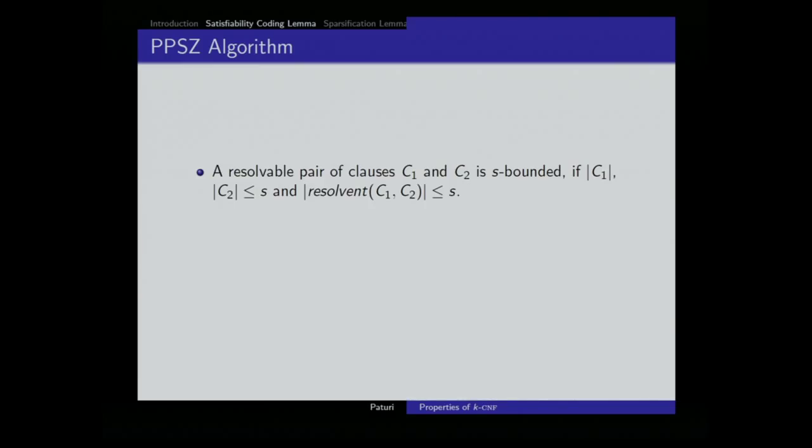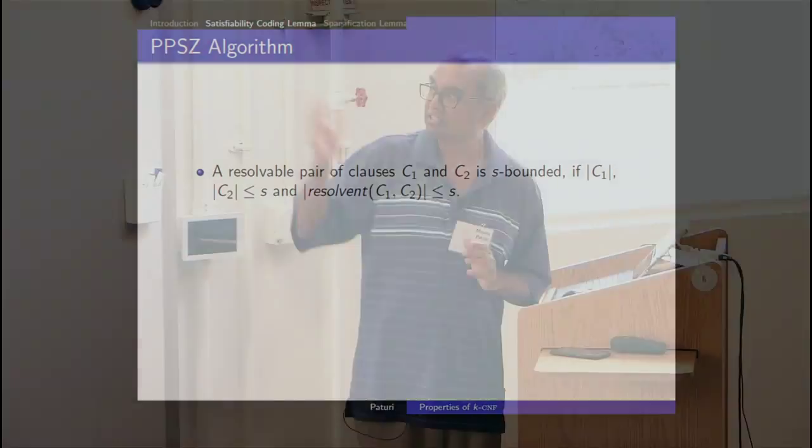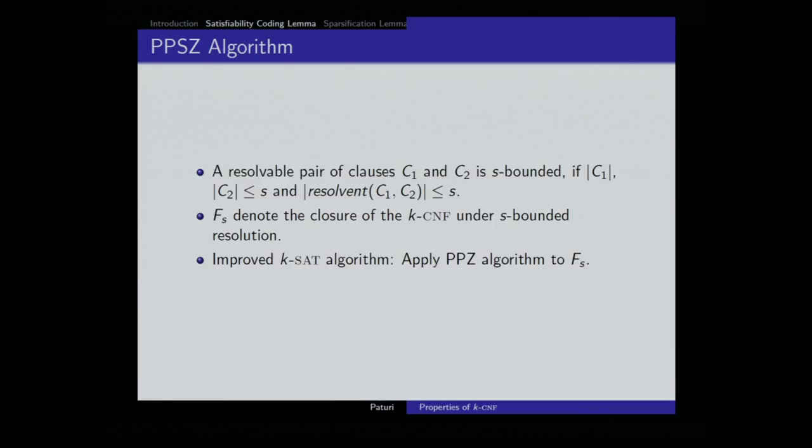So it is the same algorithm, except we do some pre-processing before we start, and the pre-processing is called S-bounded resolution. That's the modified algorithm. We call it PPSZ, standing for the authors of the paper.